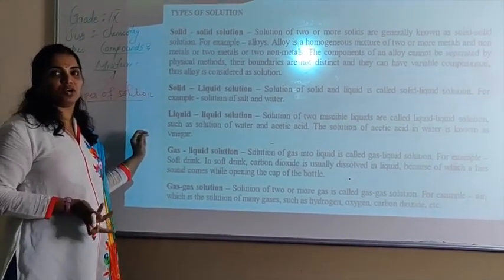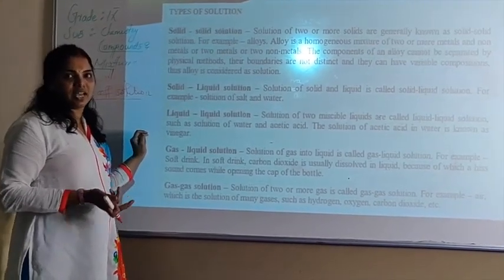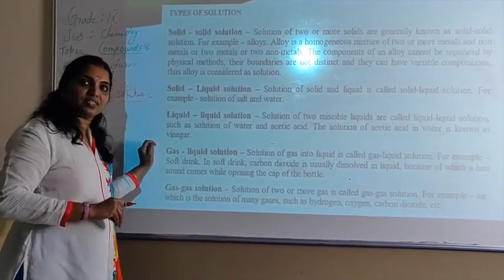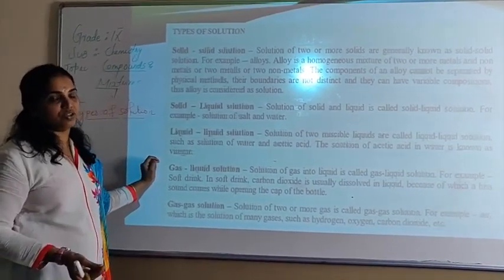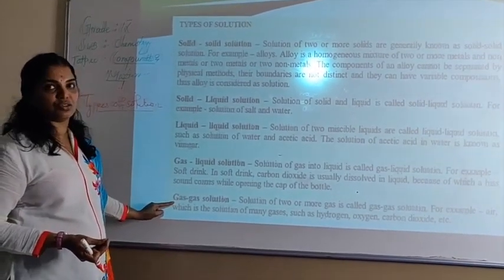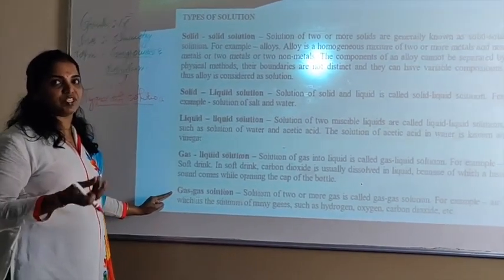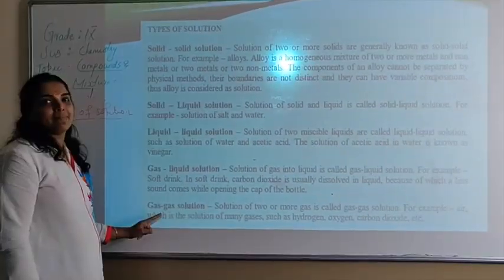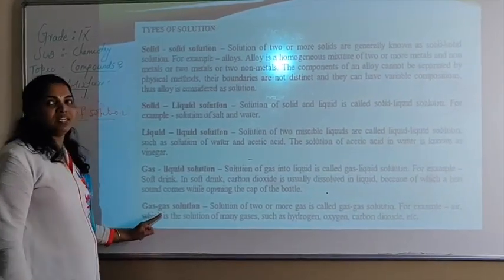For example, soda water. Here carbon dioxide is a gas which is dissolving in water, and we get soda water. So the dispersed phase is CO2 and the dispersion medium is water. So that is a gas in liquid solution. Next is gas solution. Dispersed phase and dispersion medium are both in the gaseous state. For this, the example is air, a mixture of different gases.